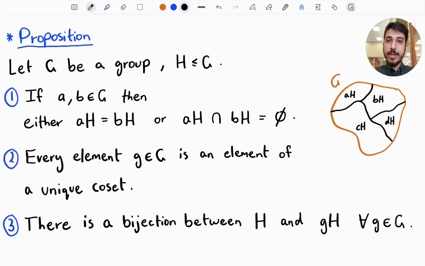Immediately after defining the equivalence relation on left cosets and getting the equivalence classes, we will work on stating this proposition, but the proof of this proposition will be done in the next video, so stay tuned for that.